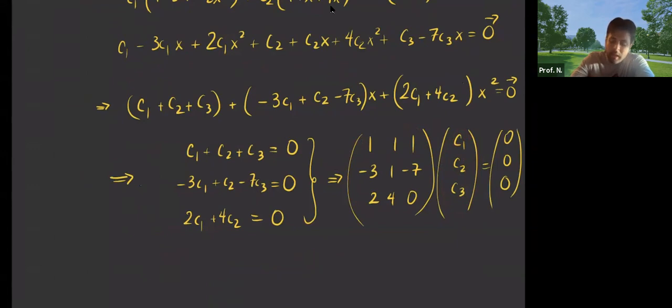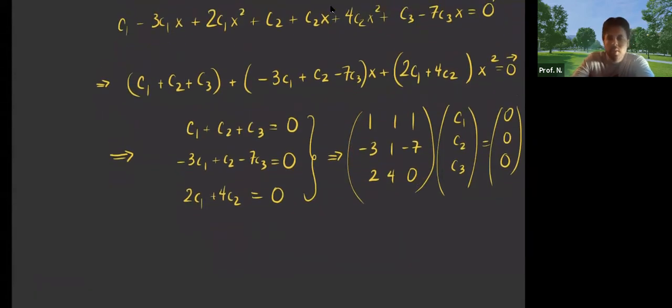But the thing is, every homogeneous system has the solution 0, 0, 0. So the idea is that there will be more than just 0, 0, 0 being the solution to this, which would indicate that this has a determinant equal to 0.